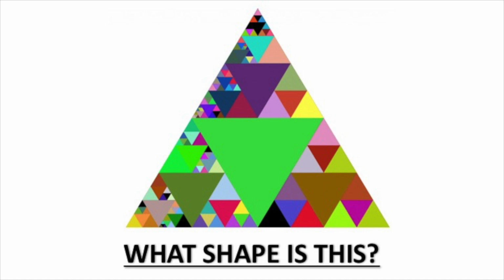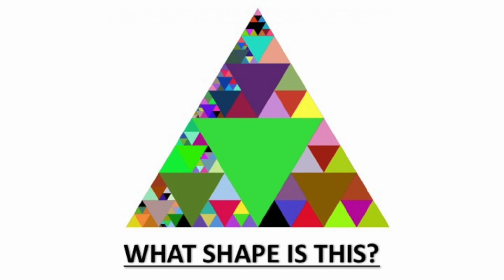Okay, what shape is this? This is a... How many triangles can you see? 1. But look inside. There are lots and lots of different triangles inside. How many sides does a triangle have? 3.